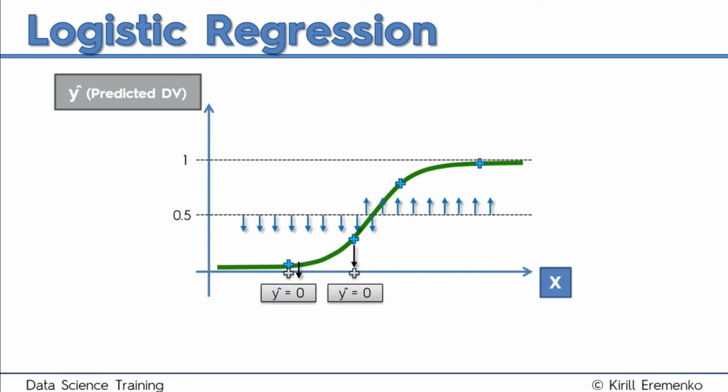Now, anything above the horizontal line that we've selected, the 50% line, all of those values that fall onto the curve above that line are projected upwards. They're projected onto the yes line, the 1 line. So the person that had a probability of 85% is projected upwards, and the person that had the probability of 99.7% is projected upwards.